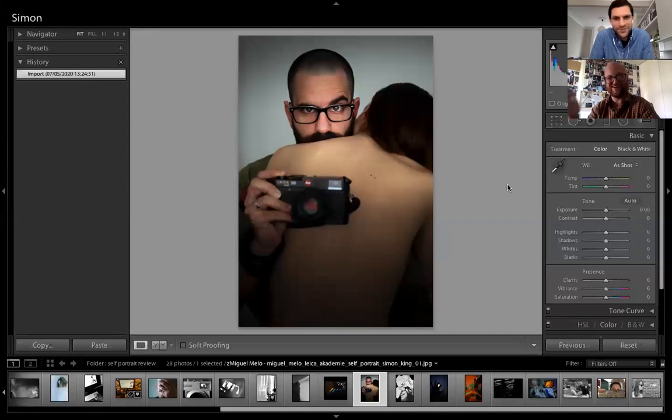Because I think that without that camera, you actually get a much more intimate image. There's a lot going on in this photograph. There's this intimacy, there's the relationship. And if the image were just about that, if it were just them holding each other, then it would be a photograph about them.